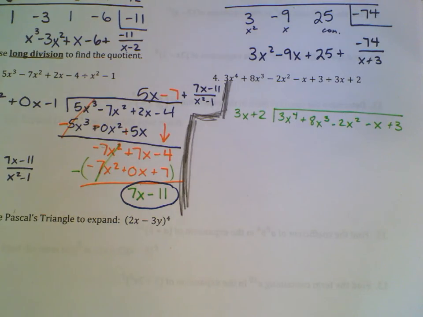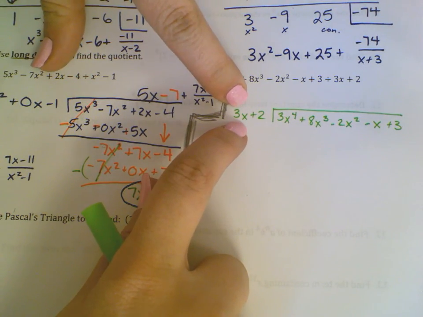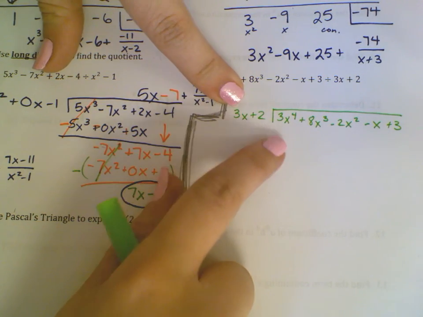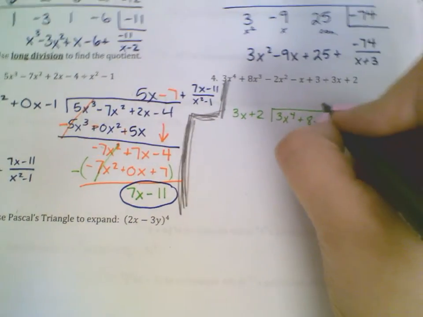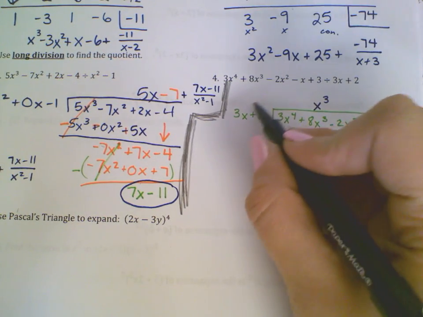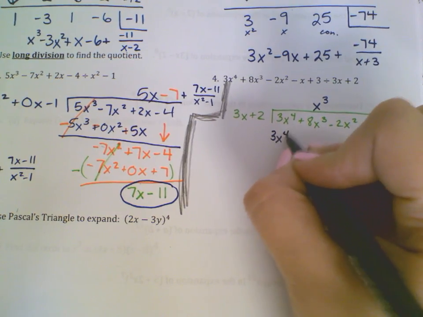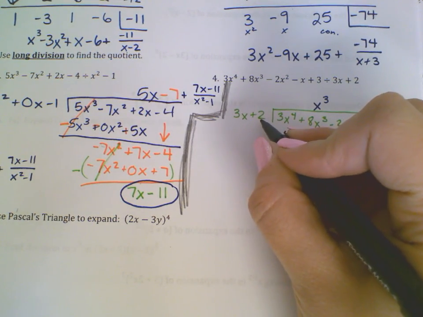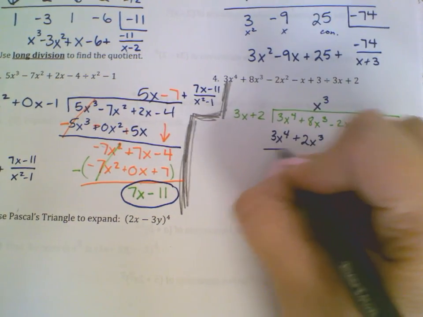So I need to think again, starting with this term here and only really worrying about this 3x. What do I need to multiply by 3x to get 3x to the 4th? Well, that is going to be x cubed, because x cubed times 3x gives me 3x to the 4th. So x cubed. Now 3x times x cubed is 3x to the 4th. X cubed times 2 is 2x cubed.